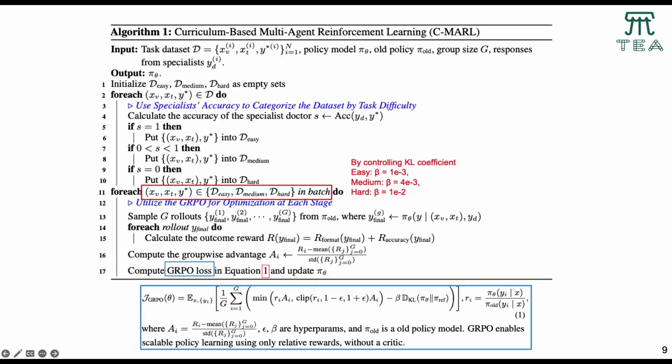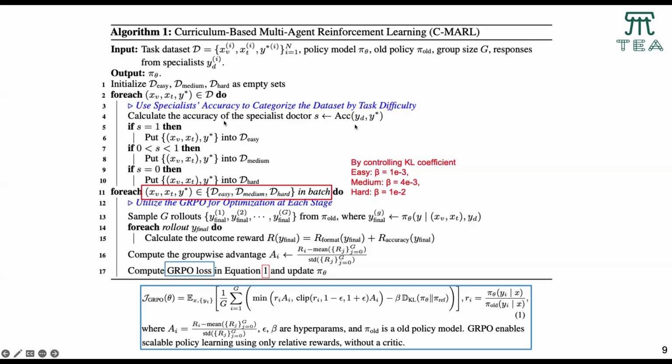Here shows the specific detailed algorithm of this curriculum-based multi-agent reinforcement learning. The input includes the task dataset, here including the visual input and text input, and this Y is the specialist label. Then they have the policy model, group size, and some inputs like the previous GRPO algorithm.